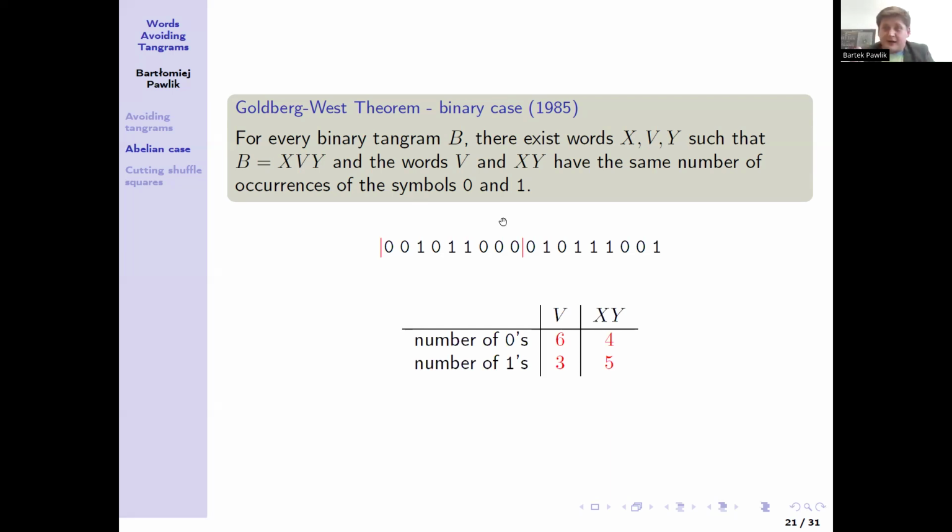You just cut it in half and look at how many zeros and how many ones there are, and you have a match, or you don't. If you don't, then you just move one position to the right, and if you go to the end, the values will switch. So somewhere in the middle, they need to be the same.